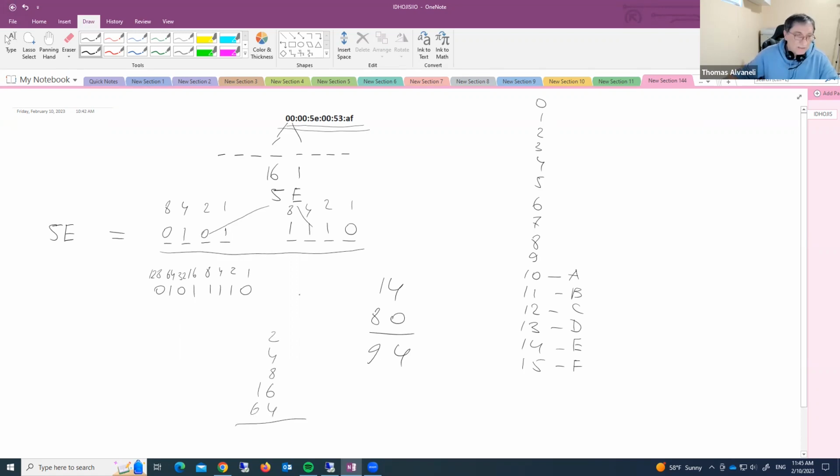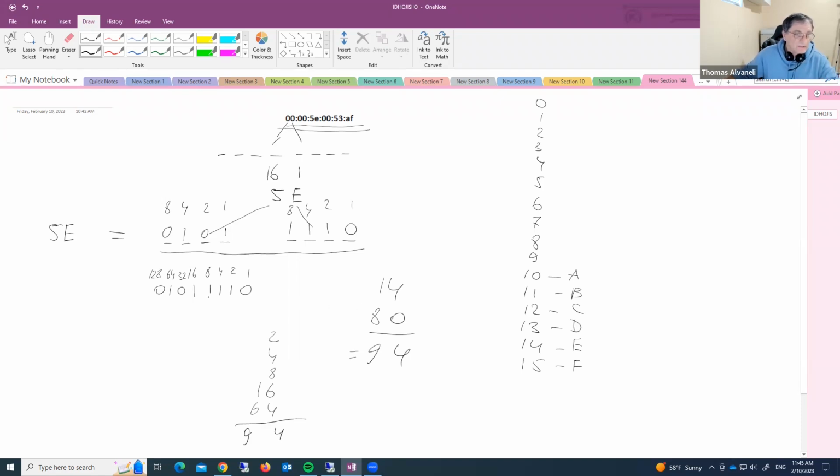Let's add those values. 2 plus 4 is 6, plus 8 is 14, plus 16 is 30, plus 64 is 94. Indeed, we got this number.